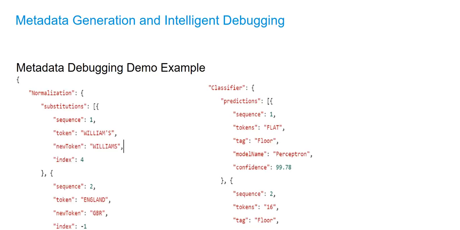ML systems generally tend to get a lot messy as well as complex as the code base increases and the complexity of the algorithm increases. We had identified this from an early stage, so we devised an intelligent debugging technique through metadata, and I'll show this through a demo.